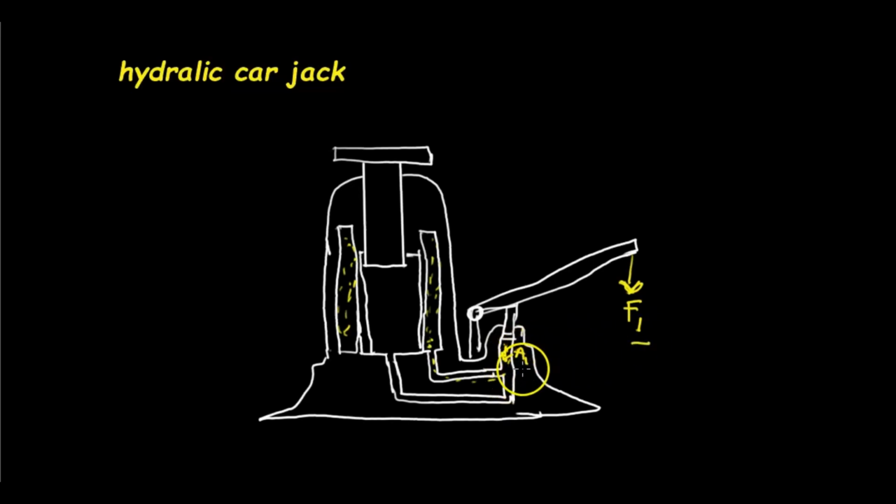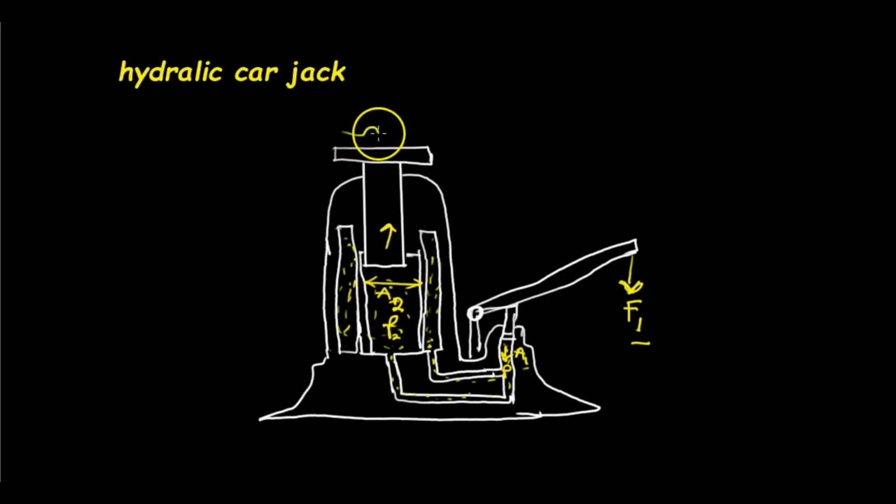So the force and the area result in a certain pressure that travels through this pipe or channel into this region. And because this has a much wider or bigger area, the pressure and the area will result in a much greater force that pushes this piston upwards.